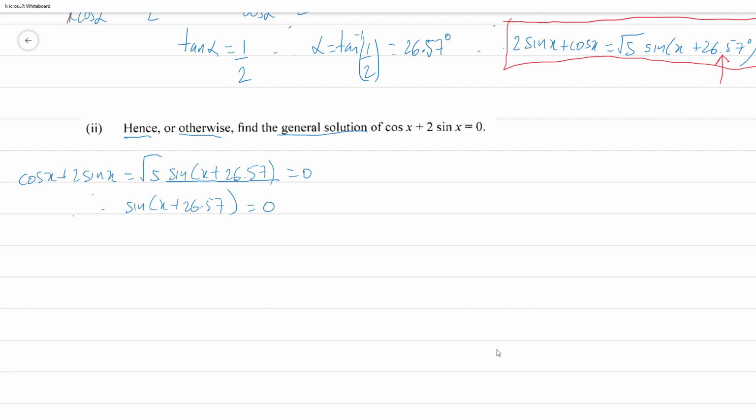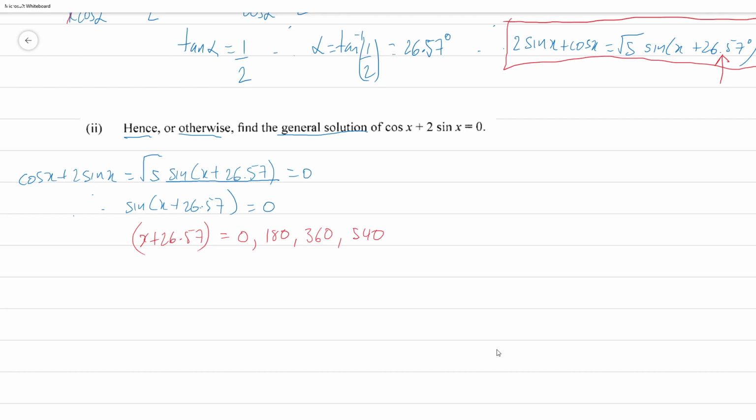So in this case, we are saying sin of x plus 26.57 is equal to 0. So x plus 26.57 could be equal to, when you take sine inverse of 0, well, 0 is one answer. Another answer would be 180. 360 is an answer as well. 540 is an answer.